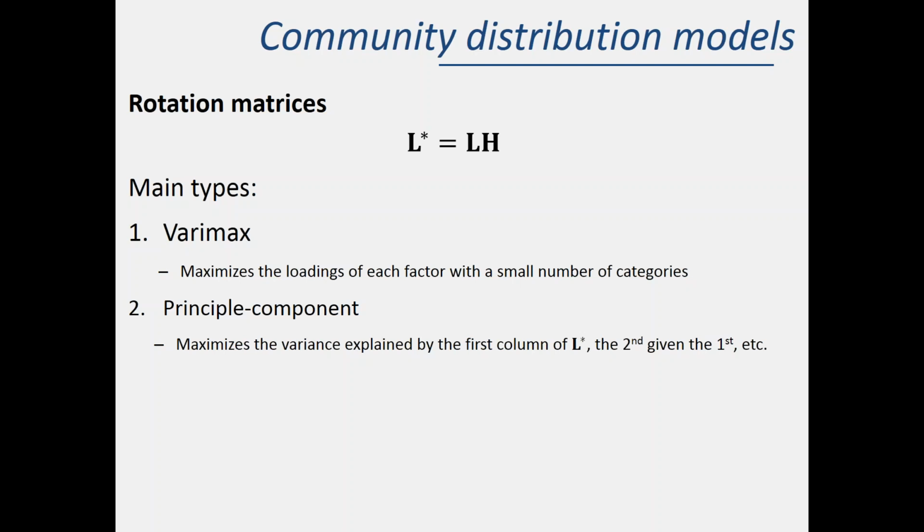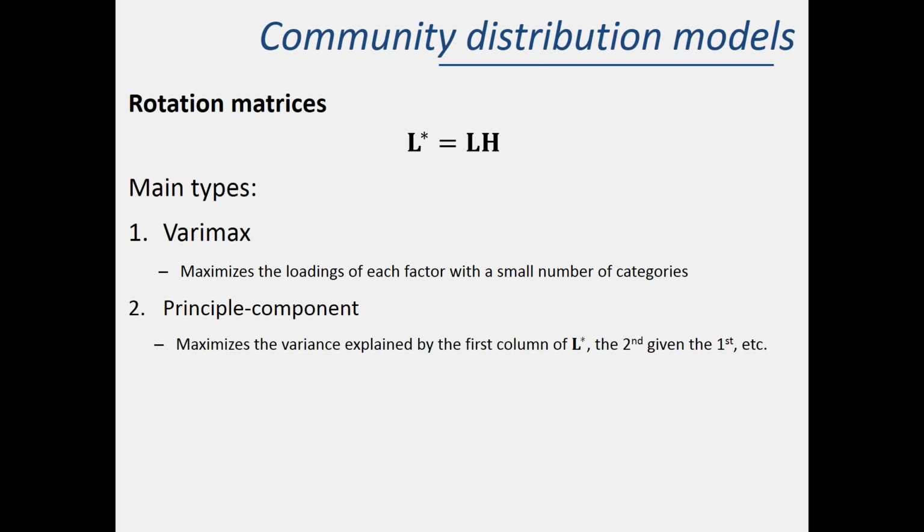And so you can think of these rotations as being a way of maximizing some function of L, and they generally can be done using matrix algebra in some efficient way. They're just a technique to rotate the loadings and rotate the factors to ease biological interpretation.